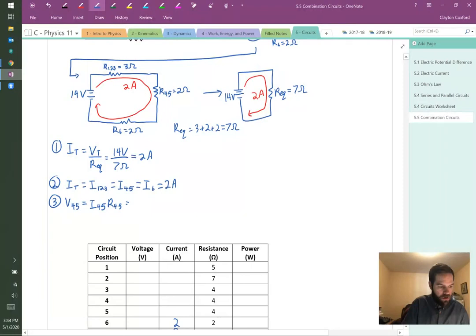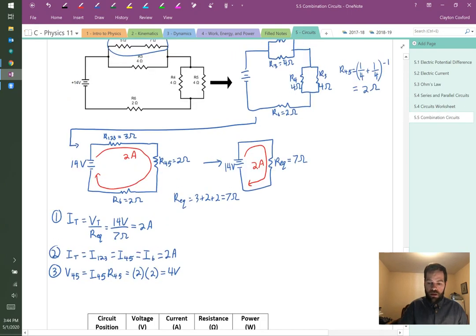It's 2 amps across 2 ohms. And there's a 4 volt drop across equivalent resistor 4, 5, which means that there's 4 volts. If there's 4 volts across this guy, then that means there's 4 volts across each of these guys.